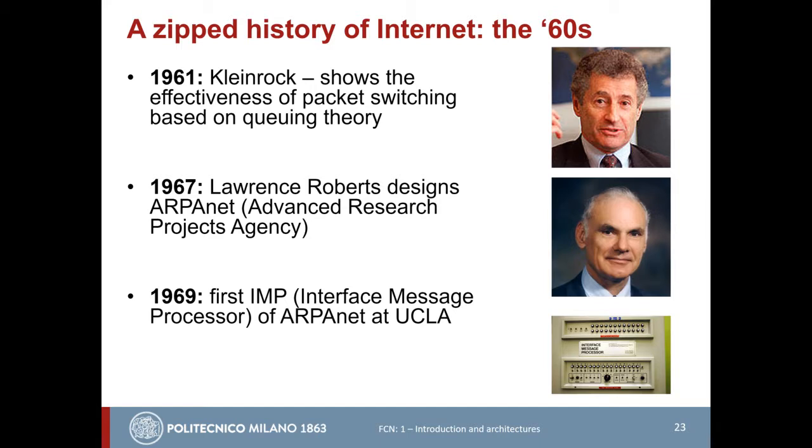Basically, this project came out initially as a military initiative, because at that time we were in the so-called Cold War, and the United States was really worried about possible attacks that could be carried out by the Soviet Union on their communication infrastructure. And their communication infrastructure was basically the telephone network.